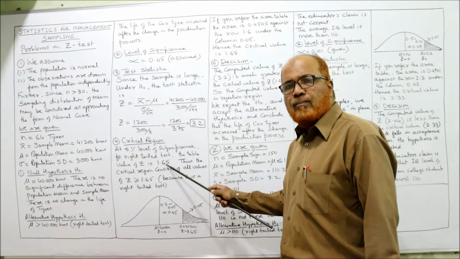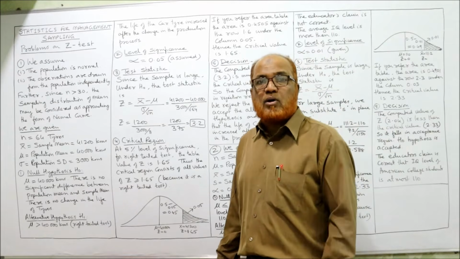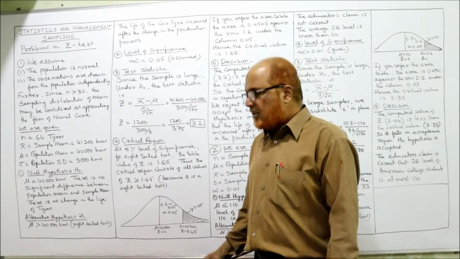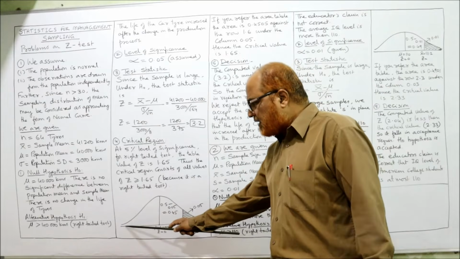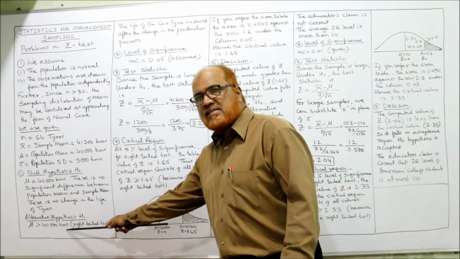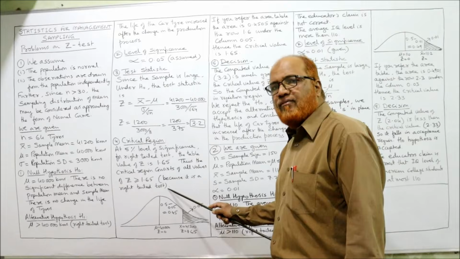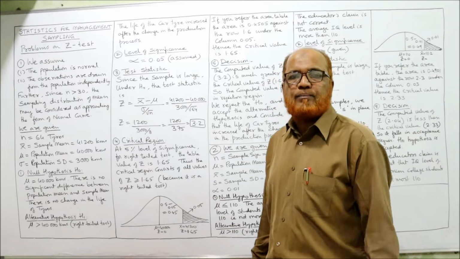But whether this 1.65 is on the left side or right side, because in the curve we have two tails, this is the left tail, this is the right tail. Because it is a right tail test, all the values greater than 1.65 will go in the critical region.